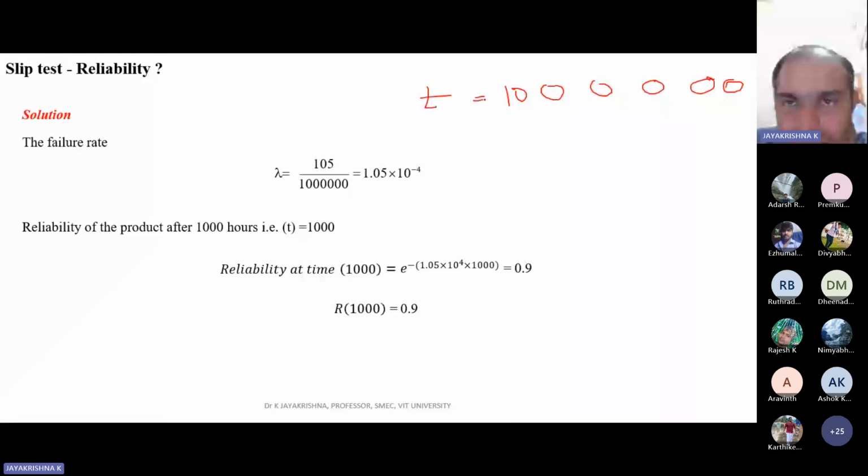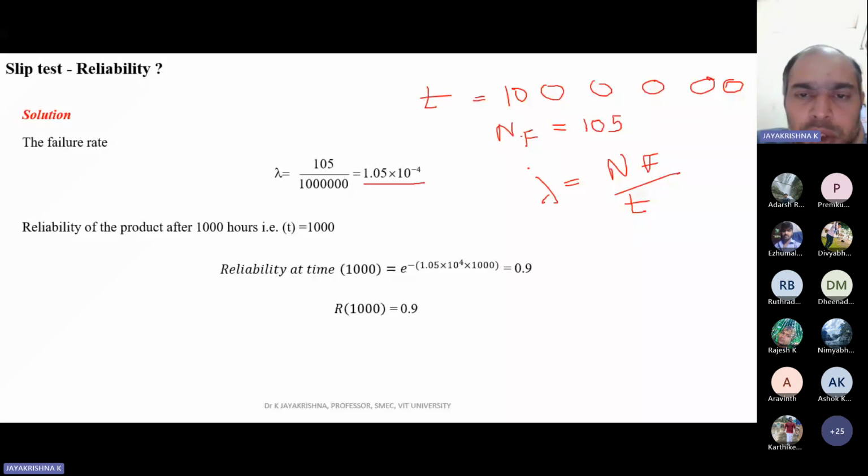When t equal to 1 million, number of failures is 105. So with this understanding, lambda is equal to NF divided by T. I'm calculating. So I'm getting the lambda value as 1.05 into 10 power minus 4.